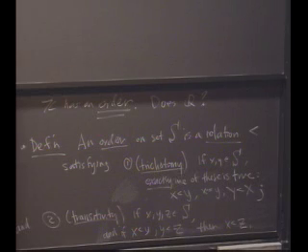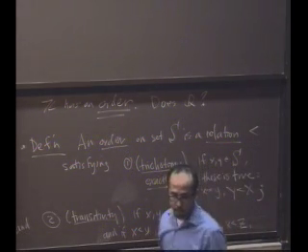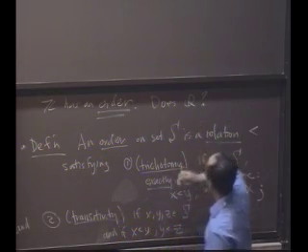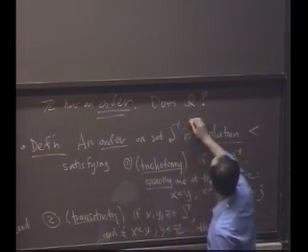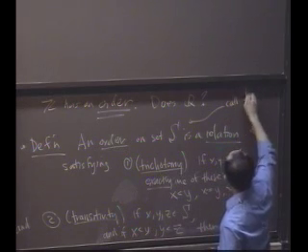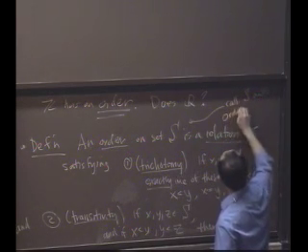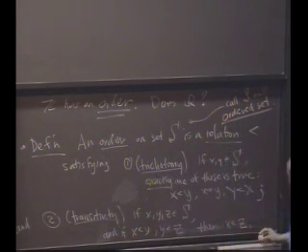Okay, good. If you have an order on S, then you call S an ordered set. So here's another way to say the same thing. An order on a set S is a relation. So if you have this, we'll call S an ordered set if it has an order.